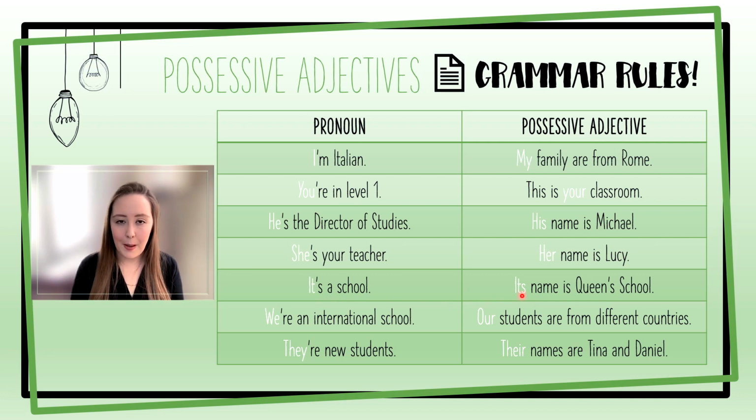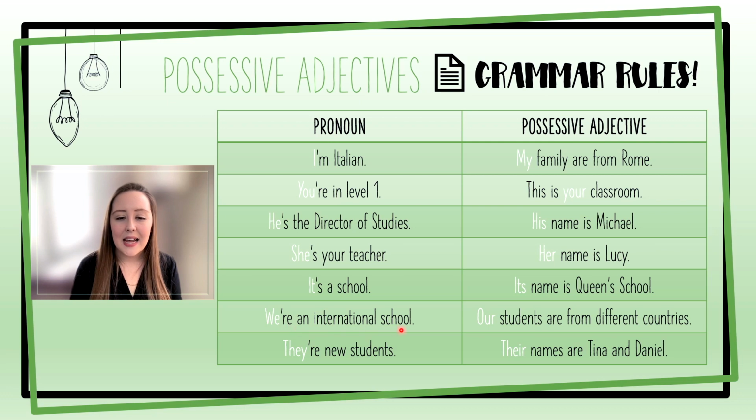It's the same. But we don't put the apostrophe in this space. Remember, the possessive adjective to describe, we don't use the apostrophe. Listen, it's a school. Its name is Queen's School. Same pronunciation, different writing. Well done.